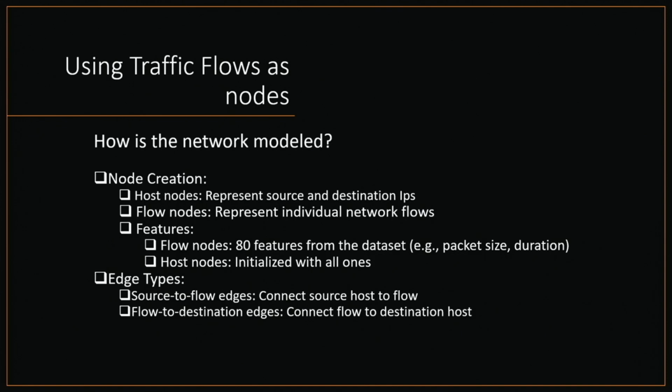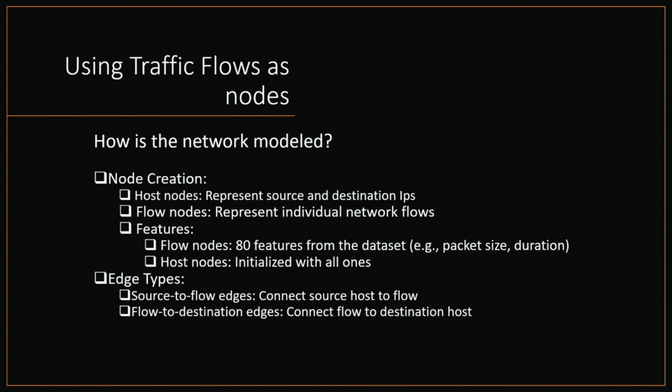So that was the first graph creation, and let's talk about how we can create a second kind of graph. Over here, we will use traffic flows as nodes. This graph is super simple. We have 2 different kinds of nodes. One is host nodes, which is an IP address.